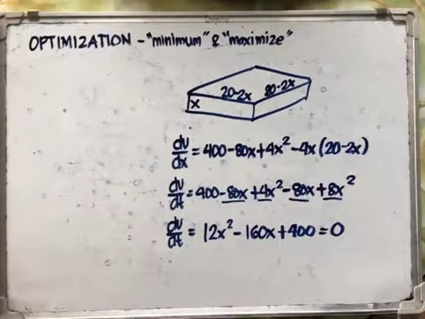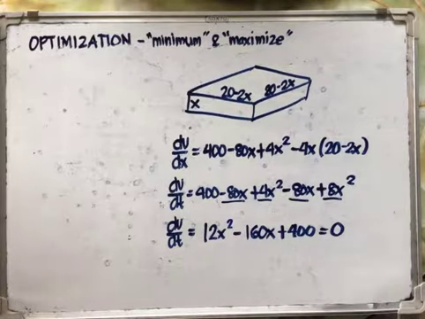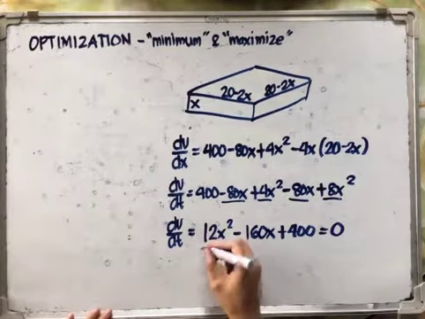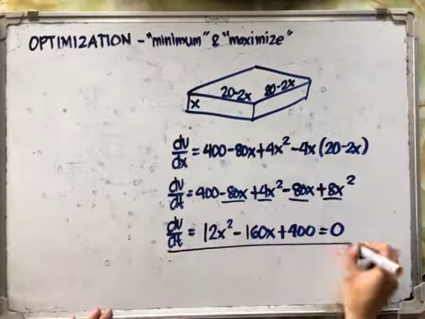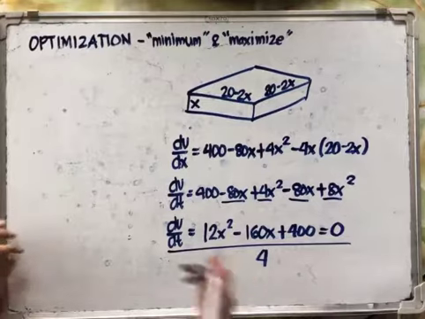So, ayan. Maybe we should simplify this muna, no? Let me try to check. So, I guess we can divide everything here by 4, right? So, let me do that before we move on to this side. Let's divide everything here by 4. So, that means this side and on the other side of the equation, divide natin.